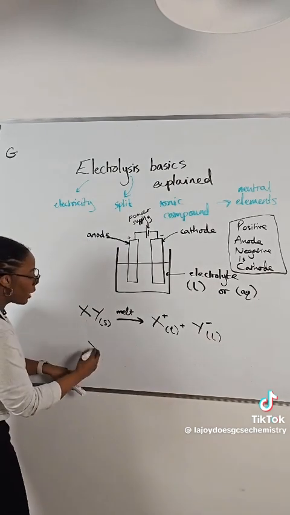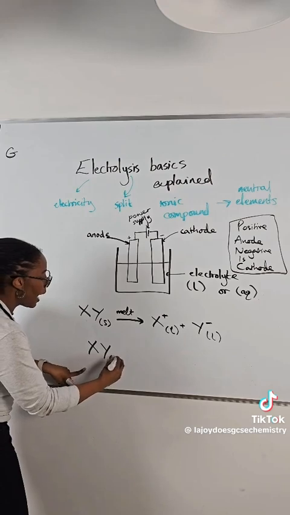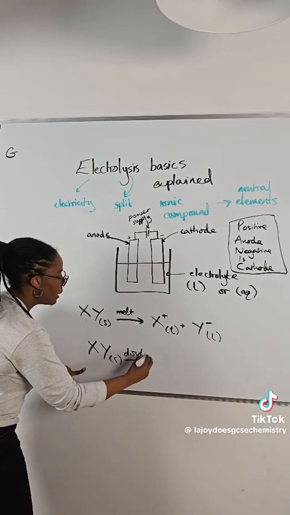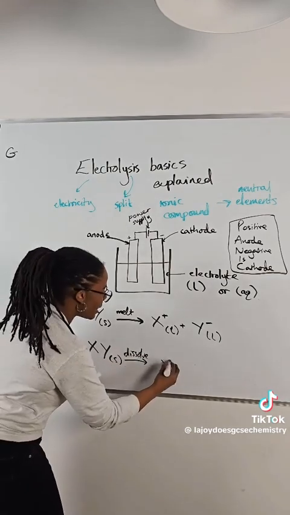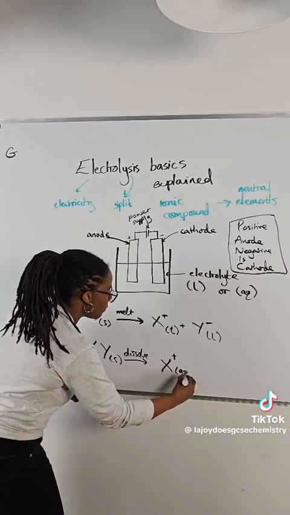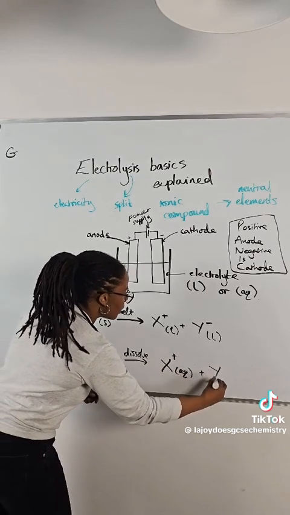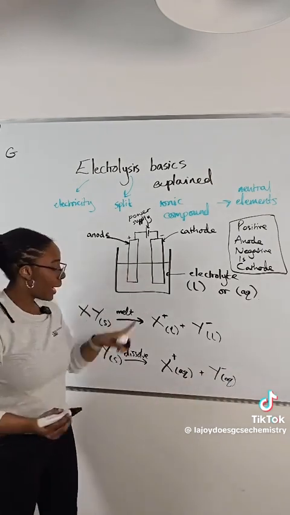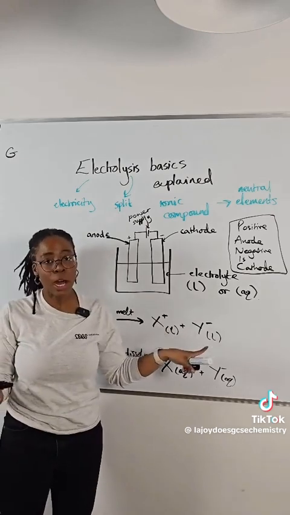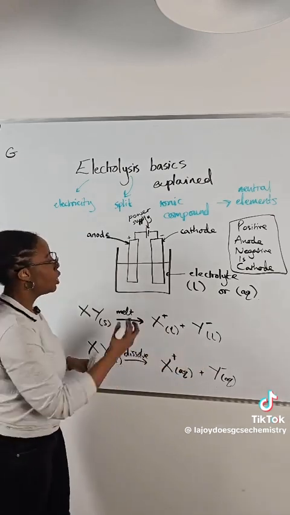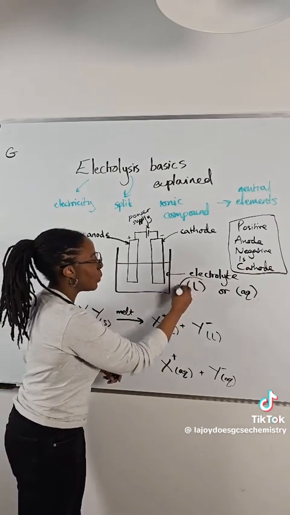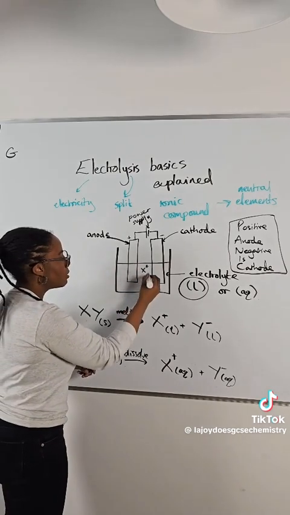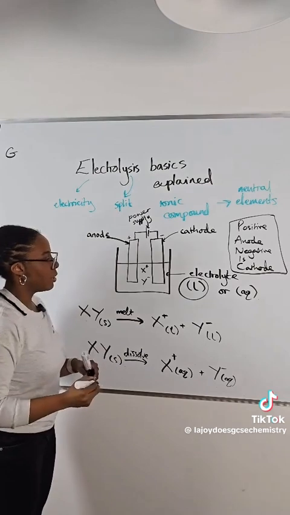And we also know that if we dissolve an ionic compound in water, then it also splits up into its individual ions, but this time instead of liquid, they are aqueous. So that means that within our electrolyte, we are going to have the individual ions for our ionic compound. So again, for now, let's just stick with liquid. We will have our X+ ions and we'll have our Y- ions.